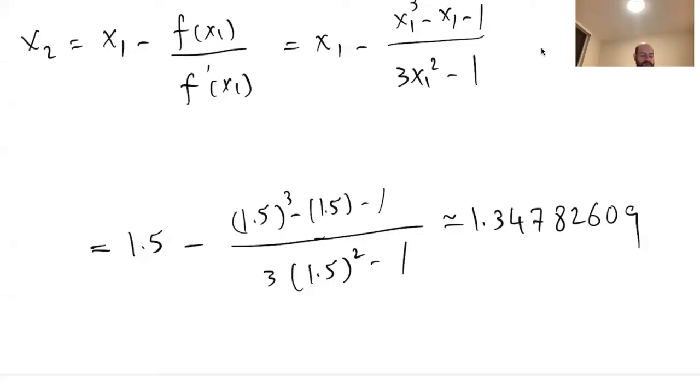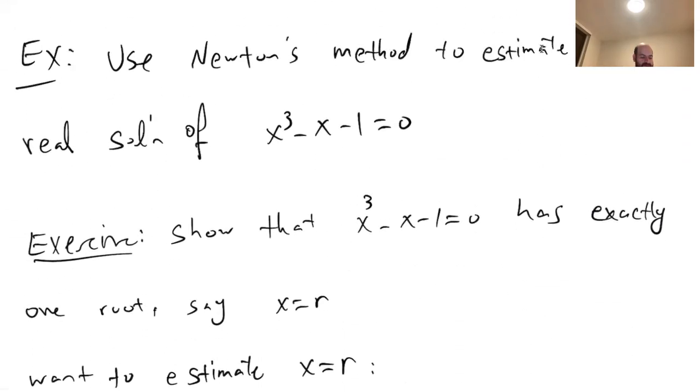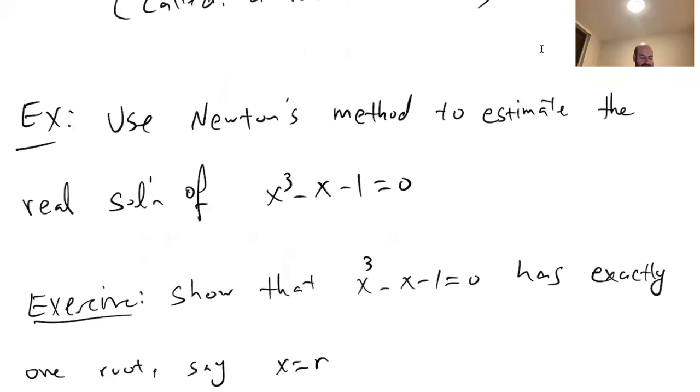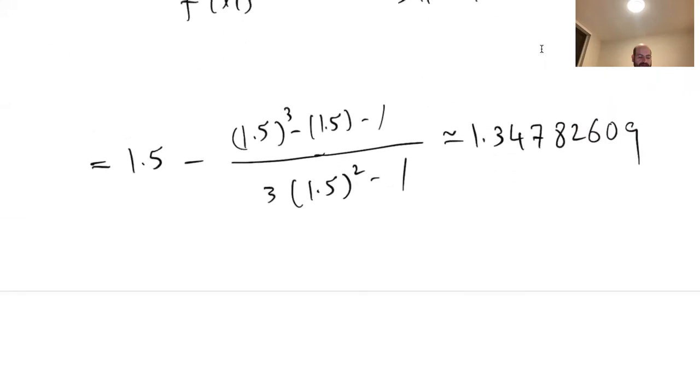Okay, now how do we know when to stop? Let's say the question asks us to estimate the solution up to 8 decimals. Right now we have this estimation, x2.